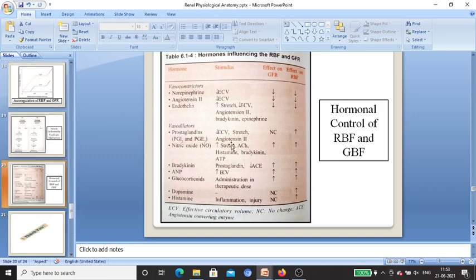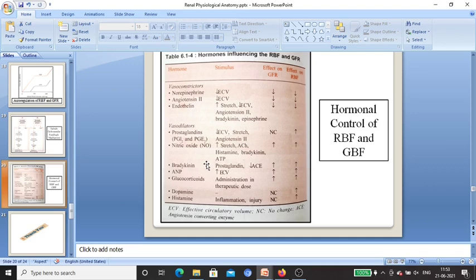But for this nervous regulation, in normal circulatory condition the sympathetic tone is minimum. In mild to moderate stimulation, the sympathetic nerve has a mild effect on renal blood flow and GFR, while in strong acute stimulation of the sympathetic nerve, it causes a marked fall in renal blood flow, around 10 to 30% of normal, because it causes marked constriction of the afferent arteriole.